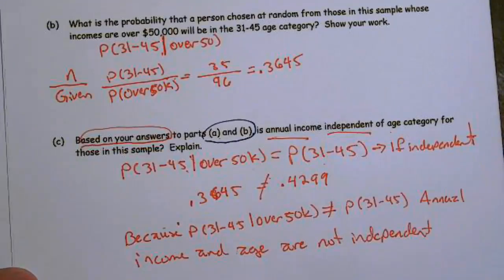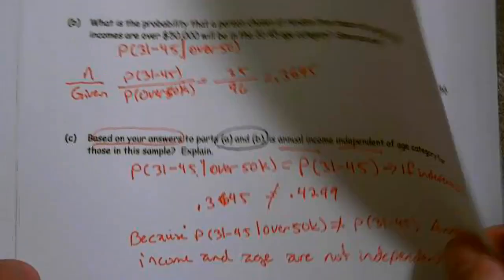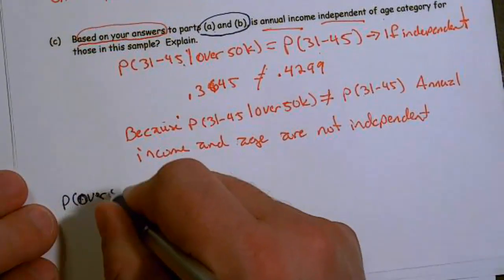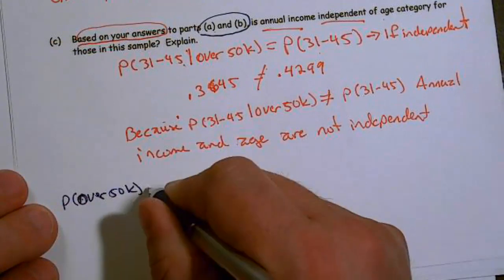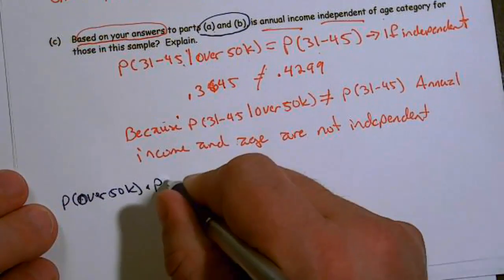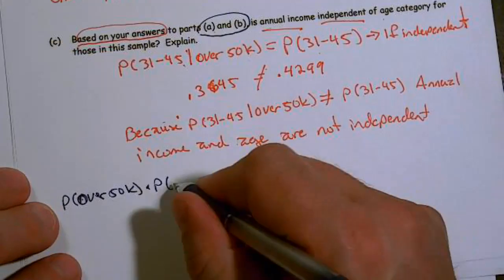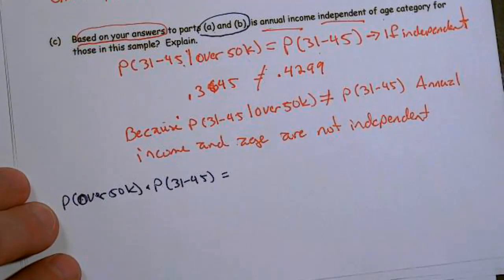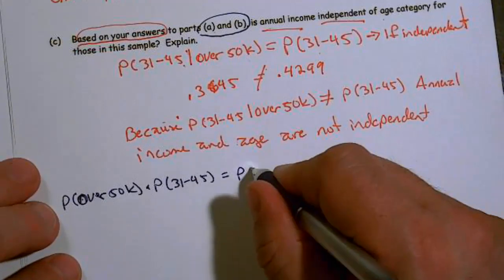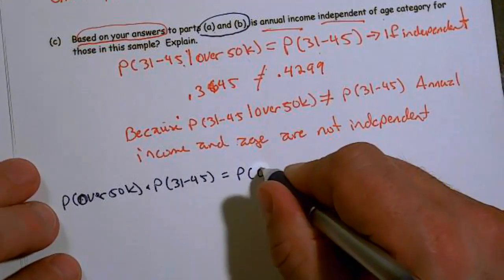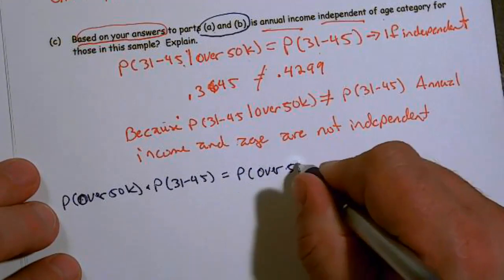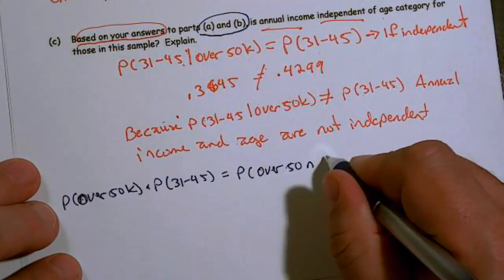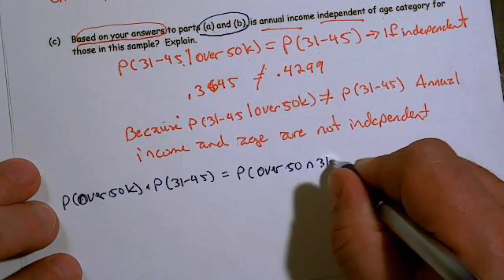So the probability over 50K times the probability of 31 to 45 equals the probability of over 50 and 31 to 45?